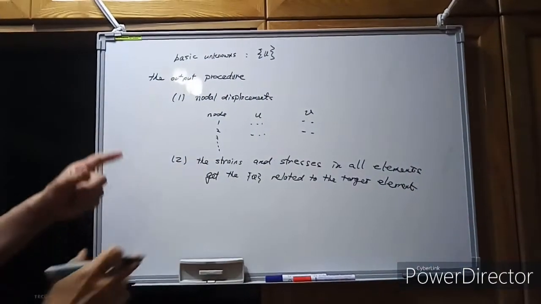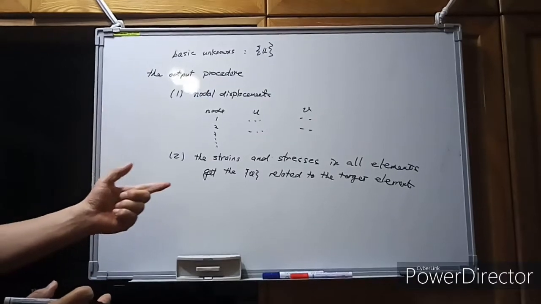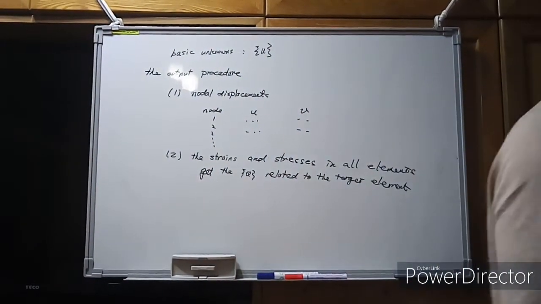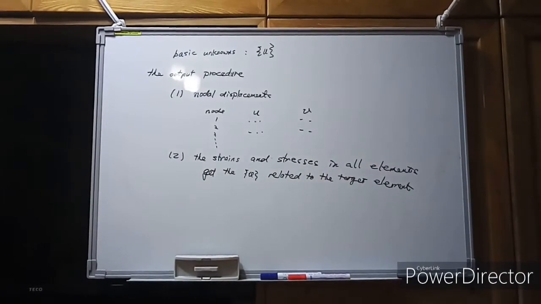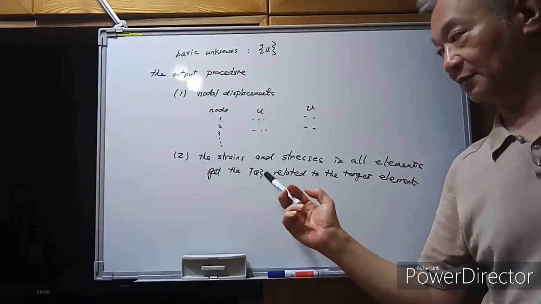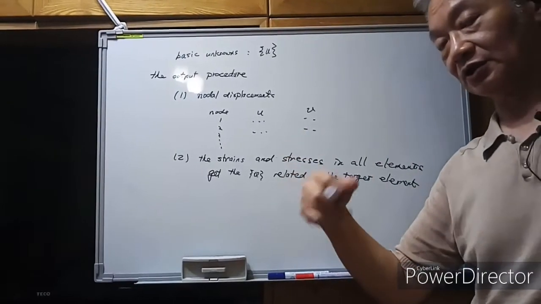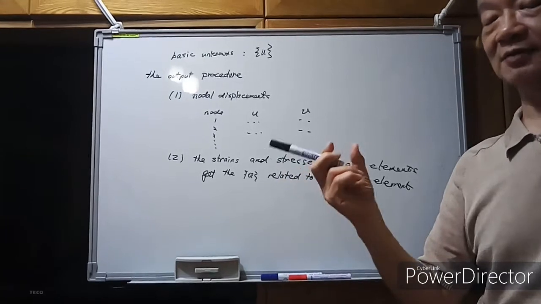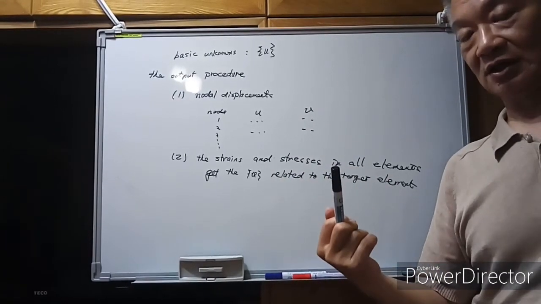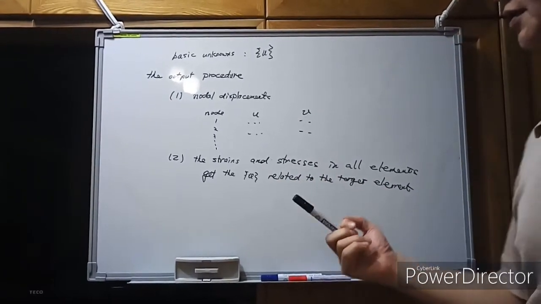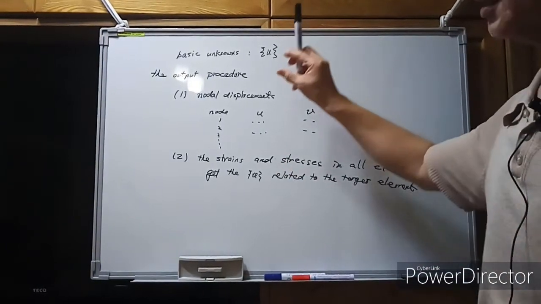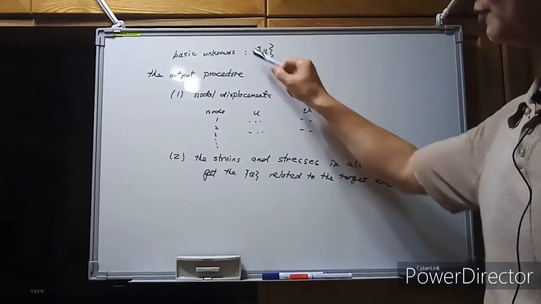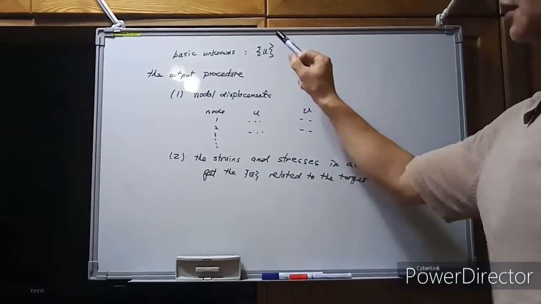Okay, for the considered element, we can get the related u vector. The related u vector for this particular element will be the node points which are connected to this element only. So for a 4-node element, you can get the related 8 nodal displacements from the global displacement vector.